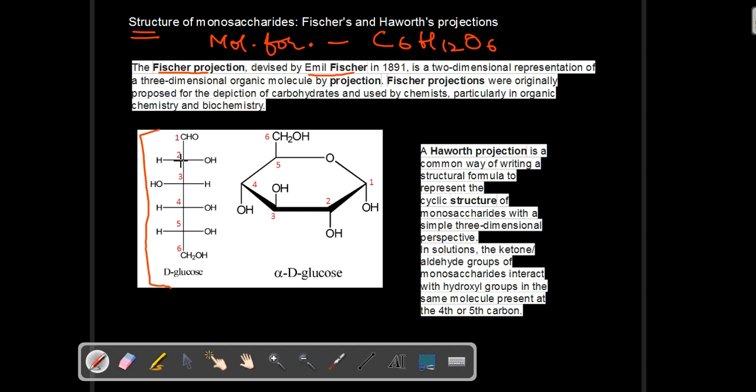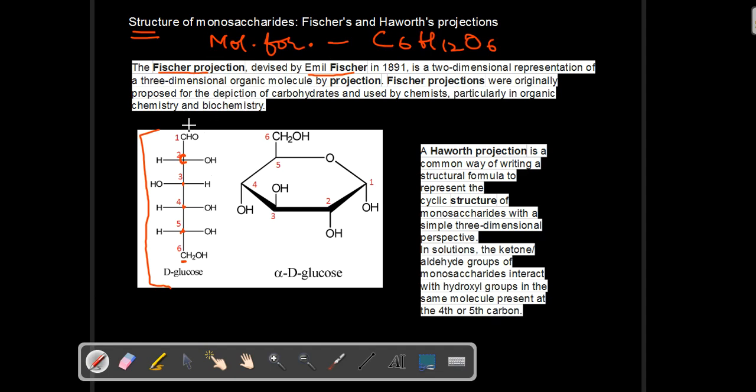This is the first carbon, the second carbon. C is not written here. It is understood that we have a carbon atom here, and then this is carbon atom number 3, carbon atom number 4, number 5, and the 6th carbon. The terminal carbons are always depicted as C's with the letters, right? So this is the open chain structure or structural formula for glucose according to the Fischer projection.